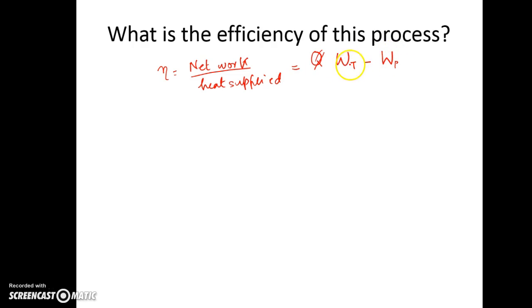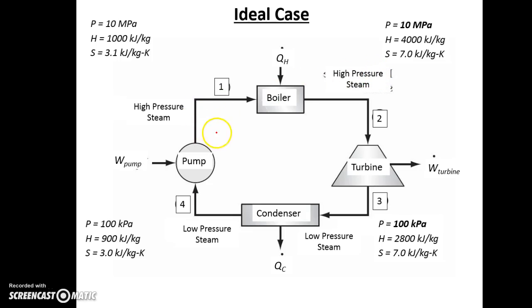So the work that's produced by the turbine minus the work that's consumed by the pump. And I'm going to put absolute symbols by both these terms in case they're negative. The heat supplied in this case is QH. So I'm going to determine all the three of these terms in the previous cycle.